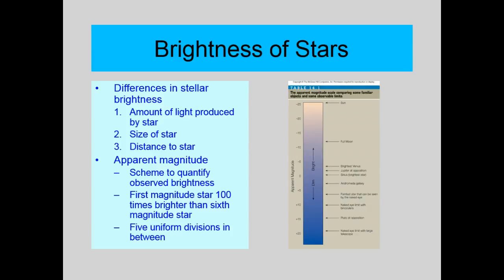And the sun, minus 26. Okay. Completely wipes out everything else. If the sun is out, you don't see anything else out there because it blanches it all out. But what they're talking about here is between the brightest star and the dimmest one you can see, 0 to 6, and it's 5 uniform divisions.